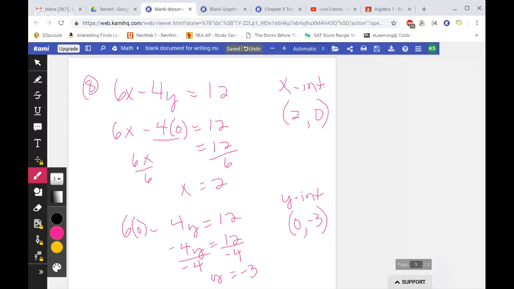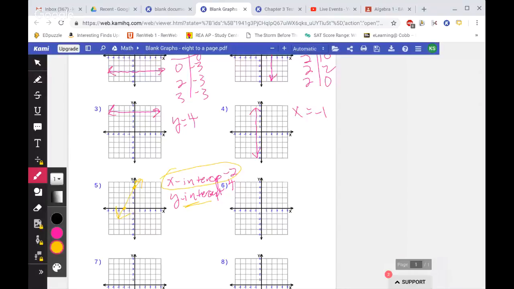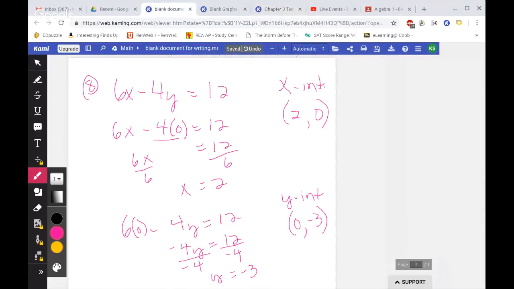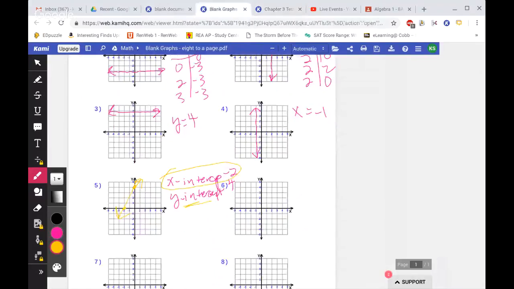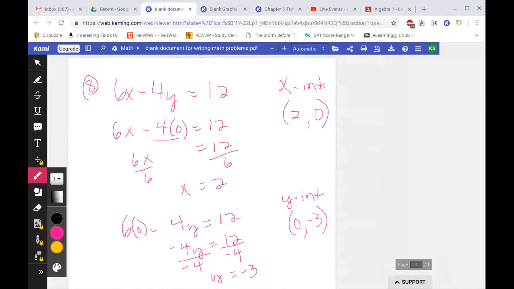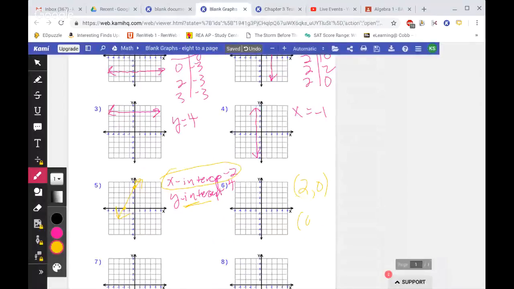If I were to plot those, you don't have to. This was not part of the homework, but I'm just making sure that you guys understand it, okay? 2 and 0. And 0 and -3.